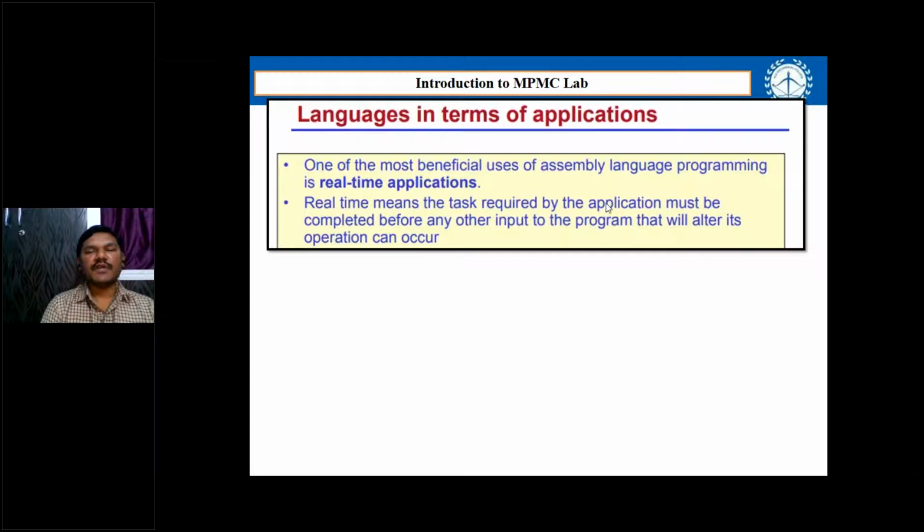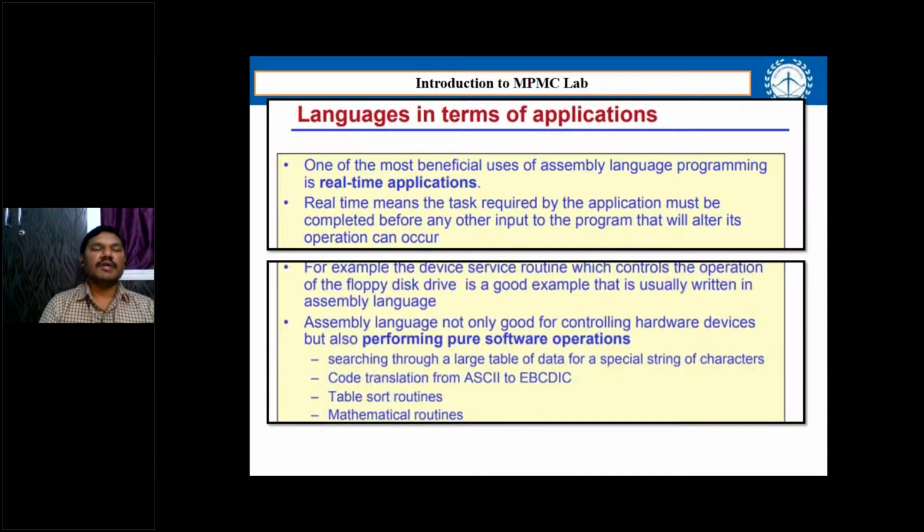Real-time means the task required by the application must be completed before any other input to the program that will alter its operation can occur. So it will run within the time specified. That is what we call real time. Such applications can be run by using ALP programming. That's why it still exists in the field of electronics.